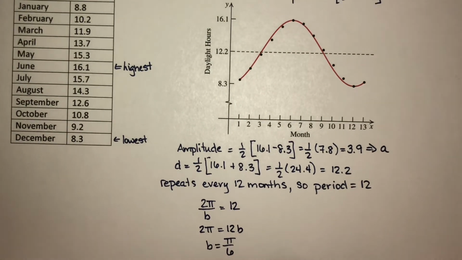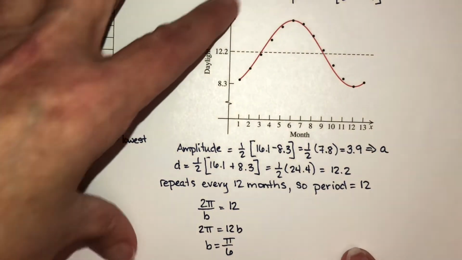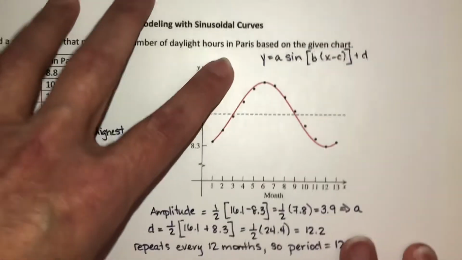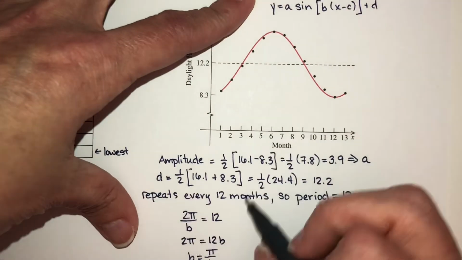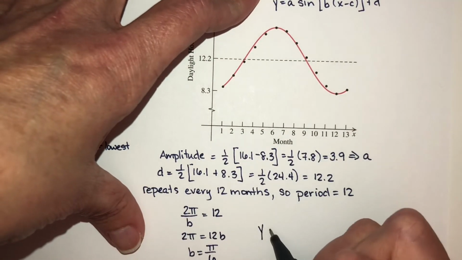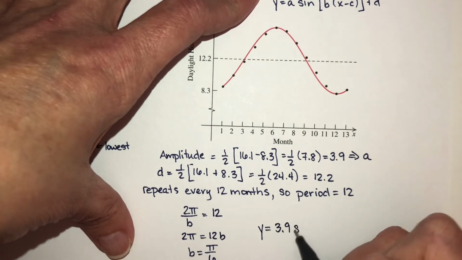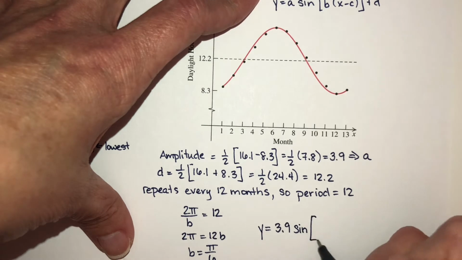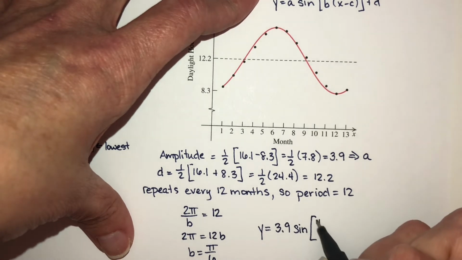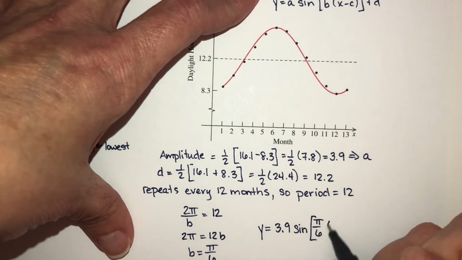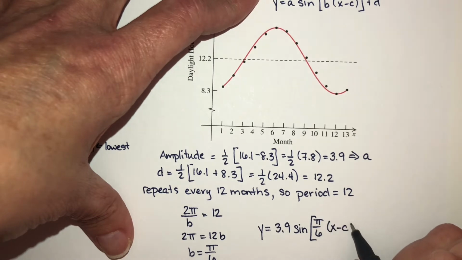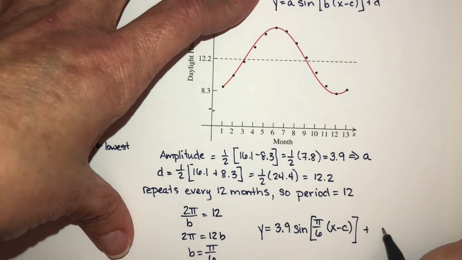So what do we have so far? I'm just going to plug in the values we know. So far, I am at y is equal to 3.9 times sine of pi over 6 times x minus c, plus our d value, which is 12.2.